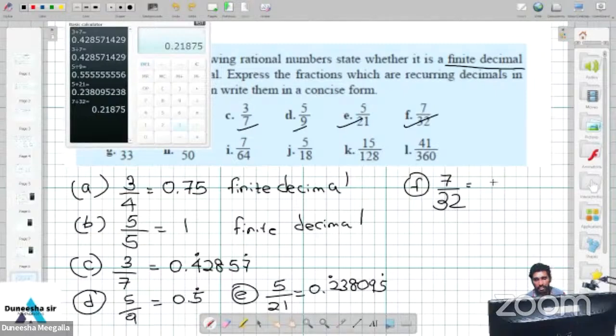Yes, it's a finite. Can you identify whether it is a repeating decimal or terminating decimal? Yes, sir. Okay. After you finish to F, raise hand.